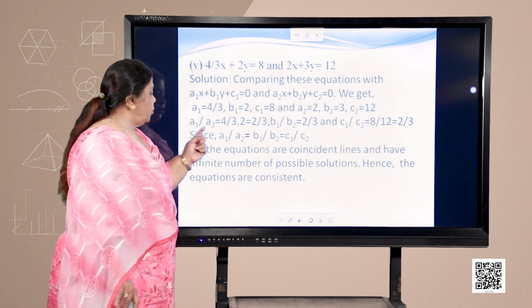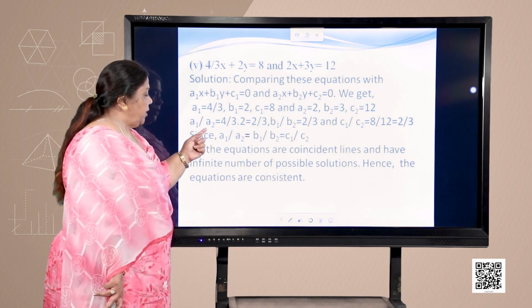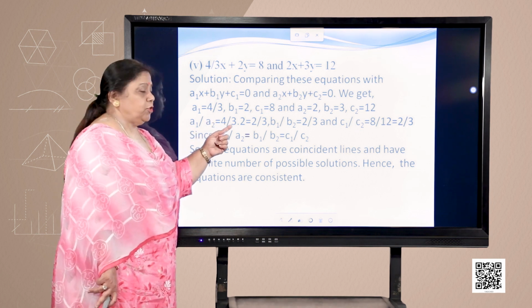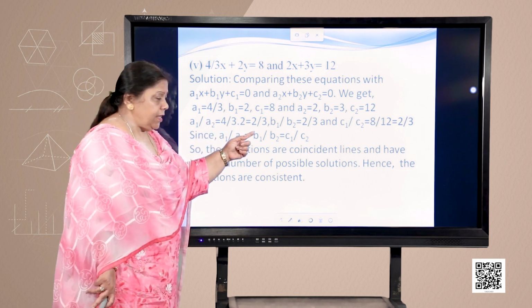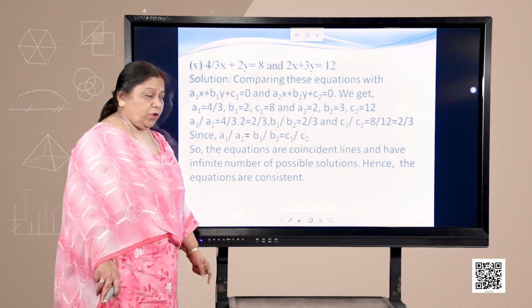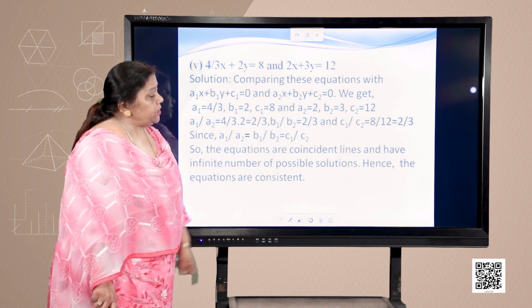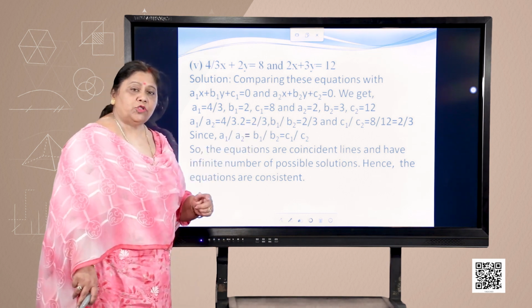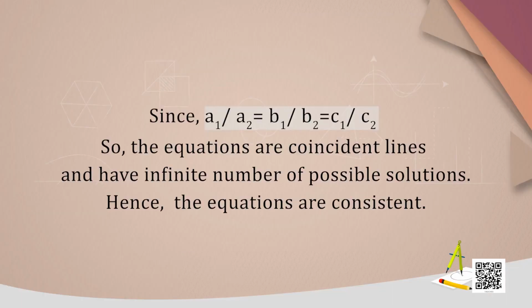When we take the ratios, what do we observe? a1 upon a2 is equal to 4 upon 3 into 2, that is equal to 2 upon 3, b1 upon b2 is 2 upon 3 and c1 upon c2 is 8 upon 12, that is again reduced to 2 upon 3. That means a1 upon a2 is equal to b1 upon b2, again equal to c1 upon c2.